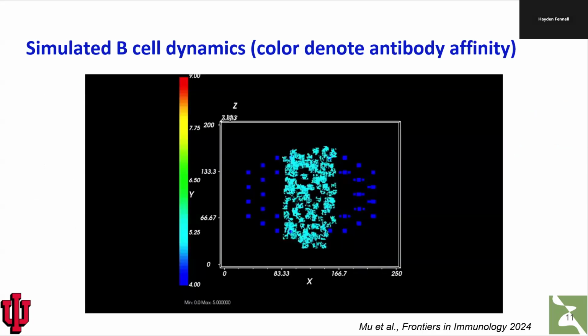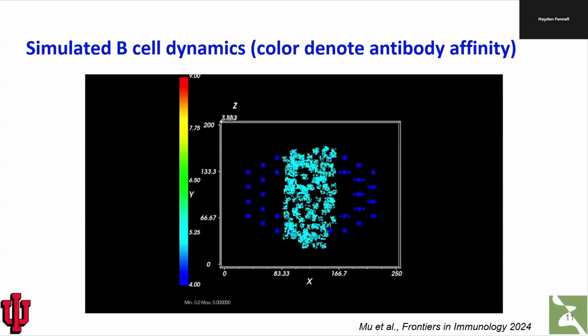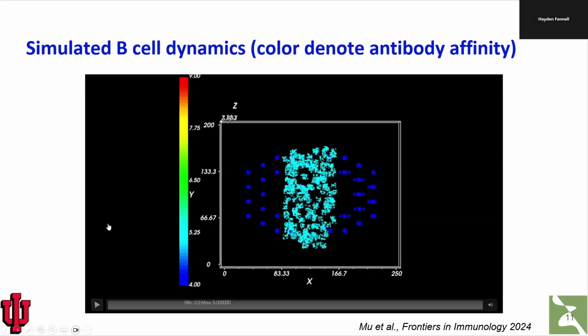Okay, so here is actually a recording of the simulation, and in this case, this is from the published paper. We're starting, I think, with like 200 B cells in the middle of the germinal center, and the color of the B cells will represent the antibody affinity, right? So here's the simulation.